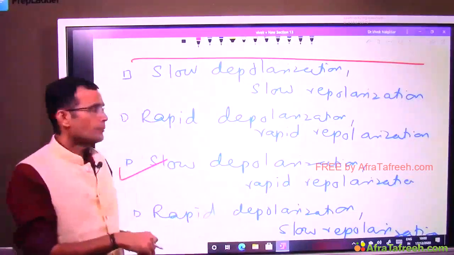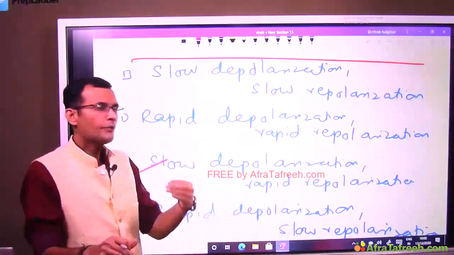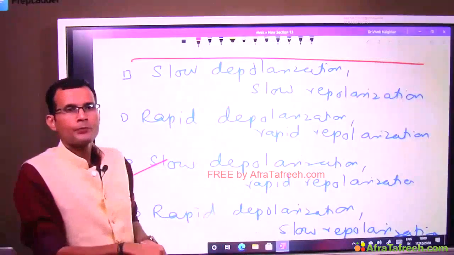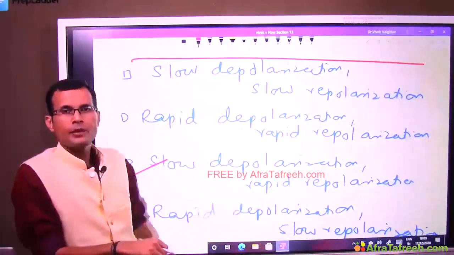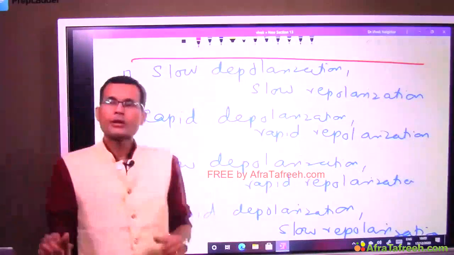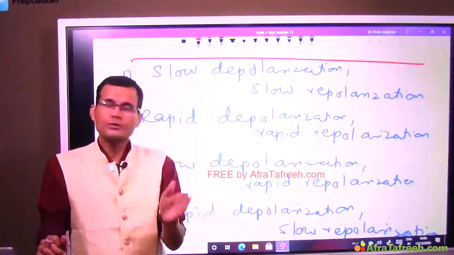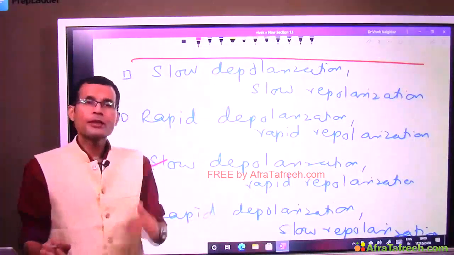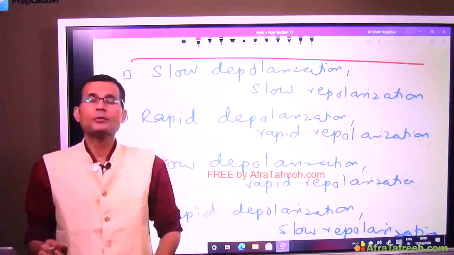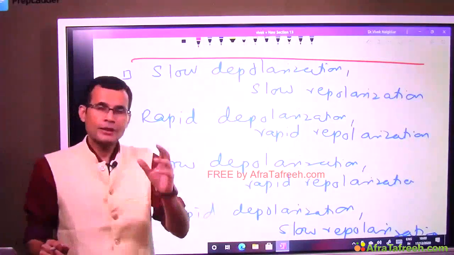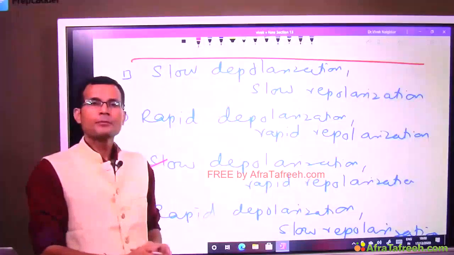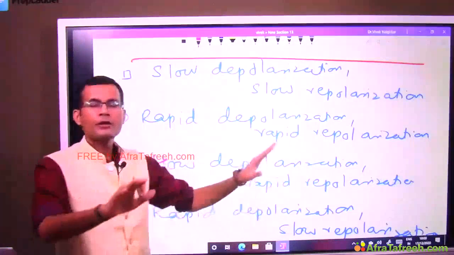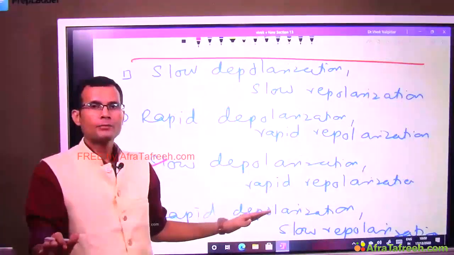So, let me just explain this and then we go to the next section of this chapter. Let's first finish this part. Look, rapid repolarization, yes, that is a property of the SA node. In fact, the fastest repolarization. Because imagine, the first impulse starts at the SA node and depolarizes all parts of the heart.